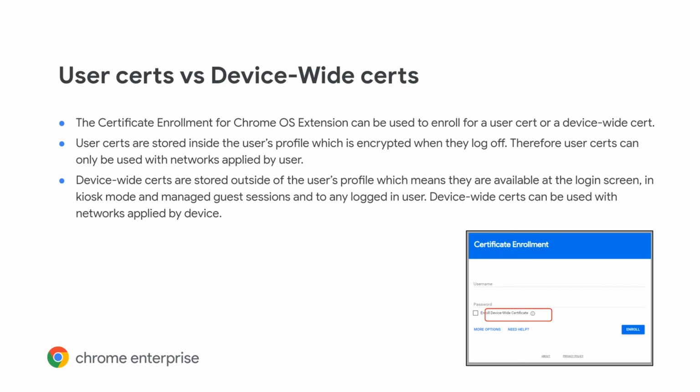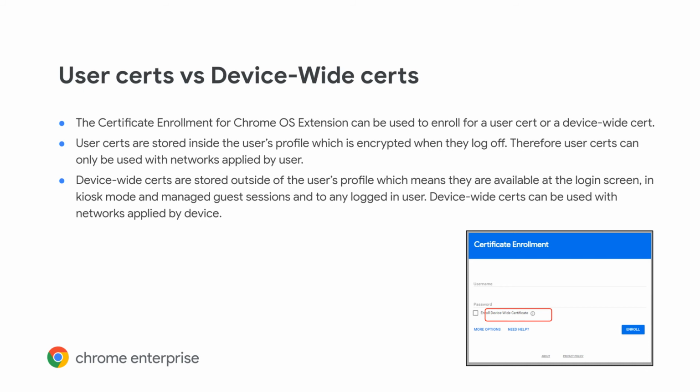So as I brought up earlier, there are user networks and device networks, and in that same manner, we also have user certs and device-wide certs. And the Certificate Enrollment for Chrome OS extension can be used to enroll either of those types. The difference between them is that the user certs are stored inside of the user's profile.